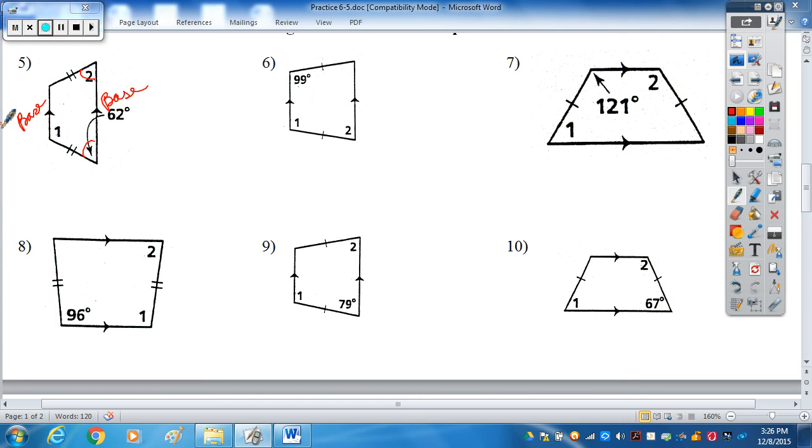Okay, so we know angle 2 is 62 degrees. From there, here's my transversal. These two angles are same side interior. So angle 1 will be 180 minus 62, which is 118 degrees. And now you've found both angles 1 and 2. Okay, so just something to think about. Let's go ahead and flip over to the back side of your worksheet.